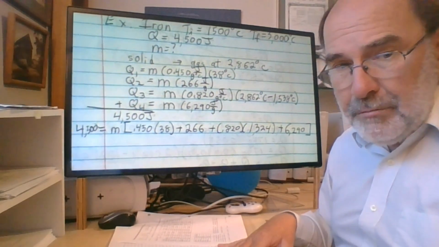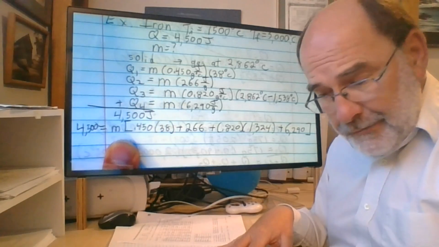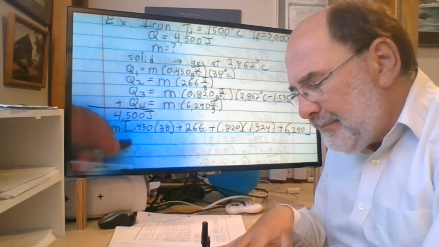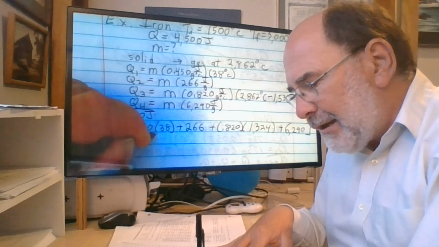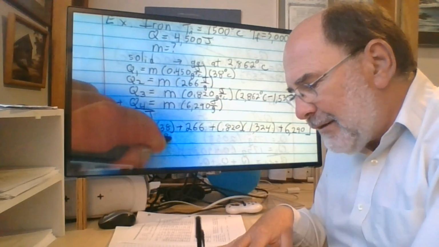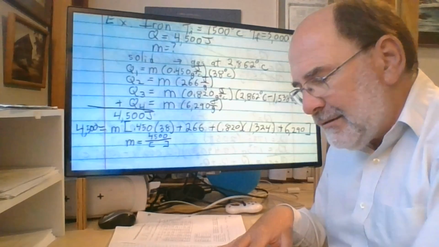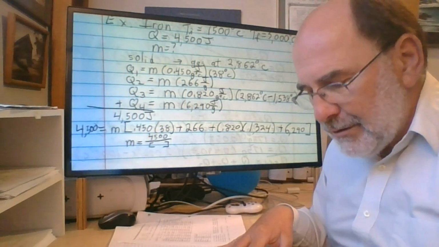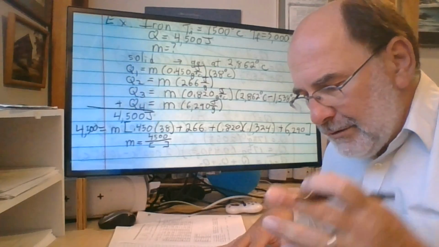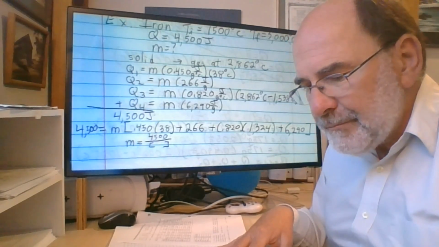Okay, so there you go. You have one unknown, solve for m. So m is going to be 4,500 divided by everything that's in those square brackets. So 4500. You can beat me to the punchline.